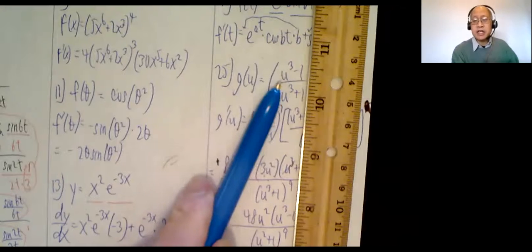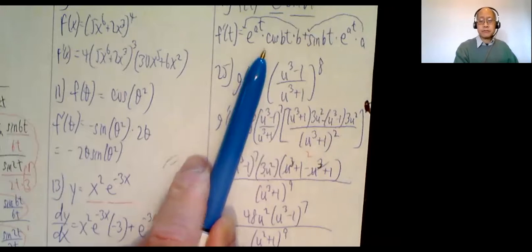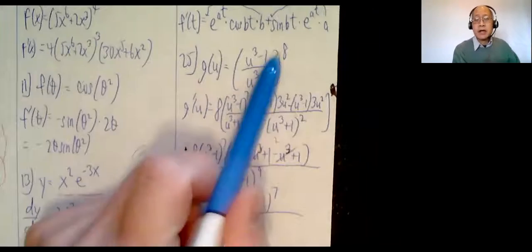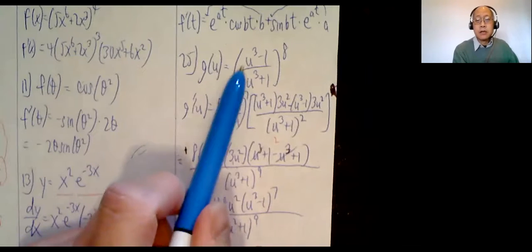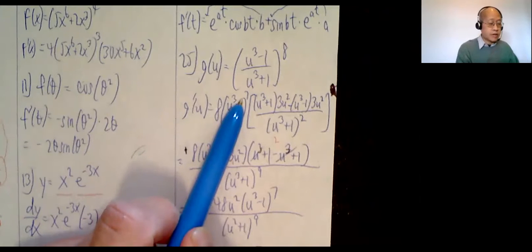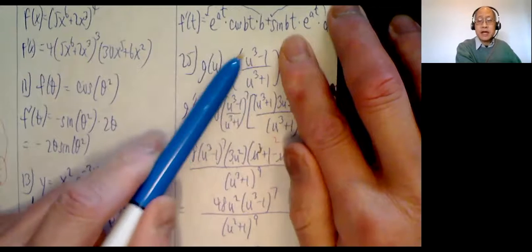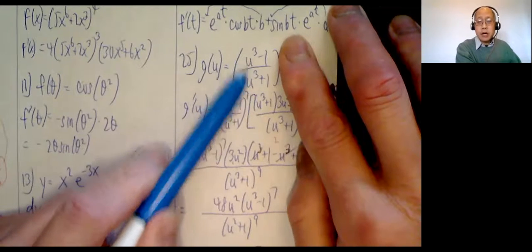But if I differentiate the inside, I have to do a quotient rule, right? So it's going to be quite messy. So here we go. 8 u cubed minus 1 over u cubed plus 1 to the 7th power. Okay, so that's done. And now it's times the derivative of the inside. So now I have to differentiate a quotient.